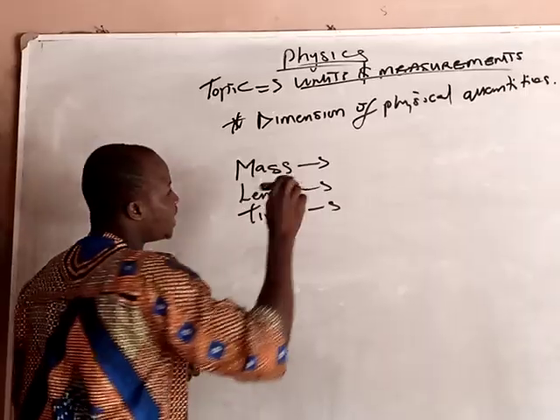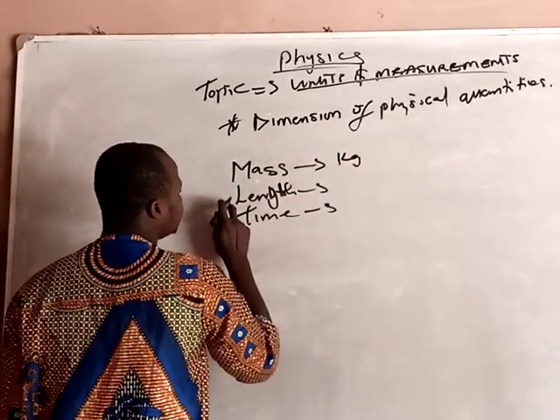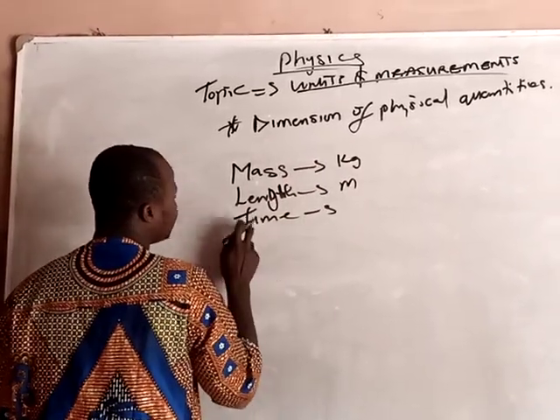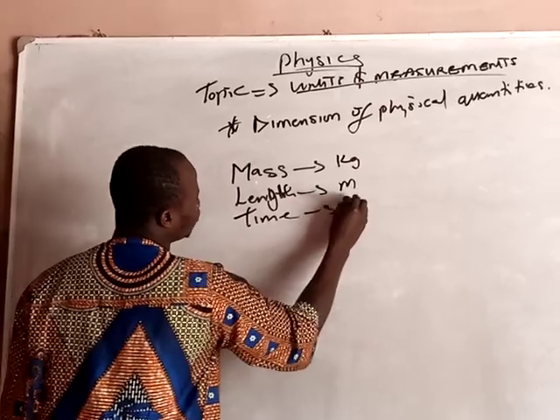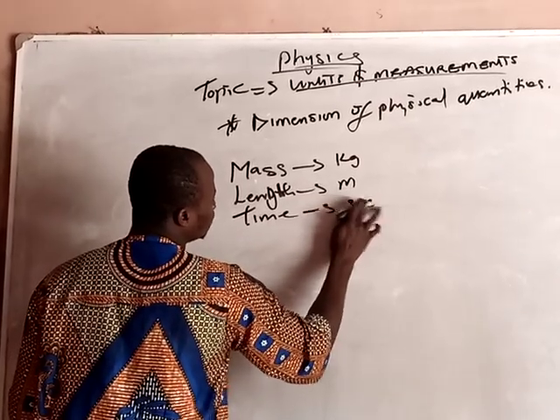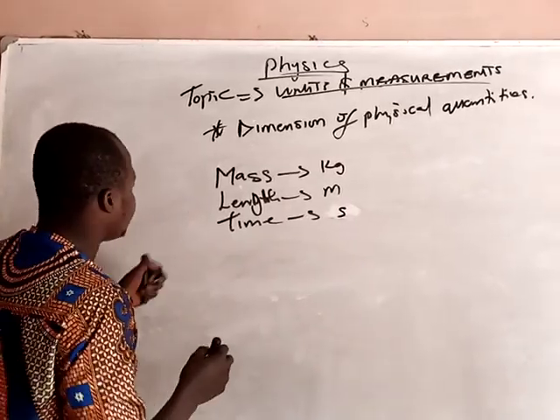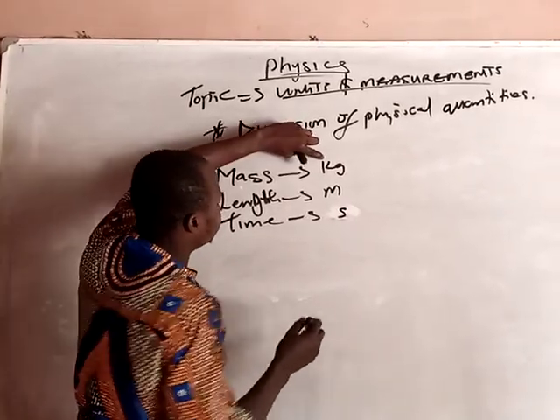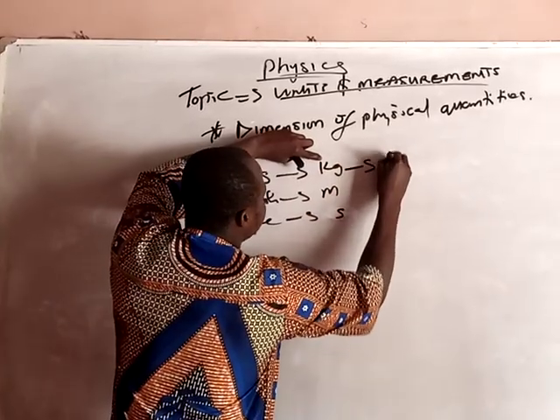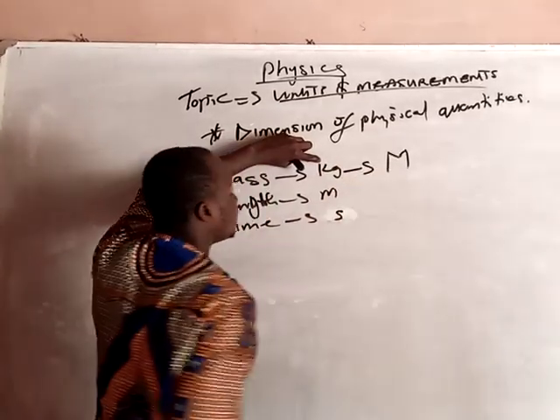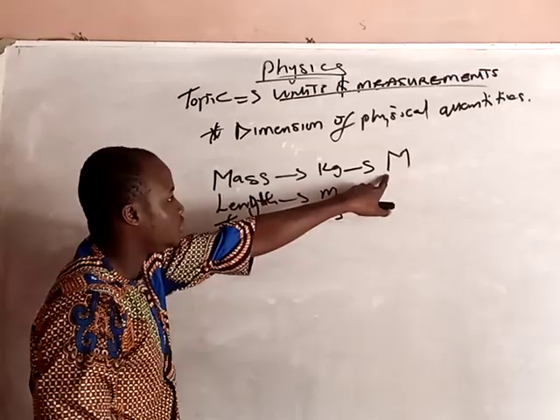The unit of mass is kilogram, right? The unit of length is what? Meter. The unit of time is what? Seconds. Now, wherever you see kilogram, you represent it with capital M, which is mass.